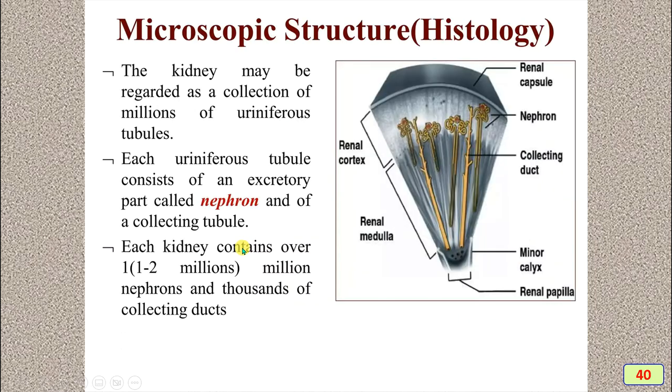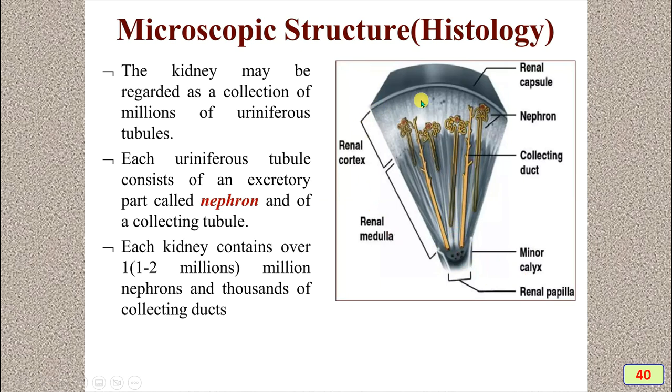The microscopic structure is divided into the renal cortex, renal capsules, nephrons, which are the entire big structures, and collecting ducts. There is the renal medulla, and the minor calyx where the urine is collected. The renal papilla is also there.